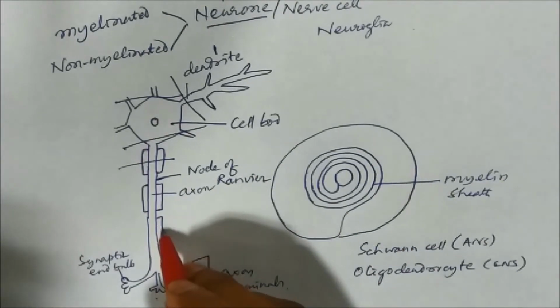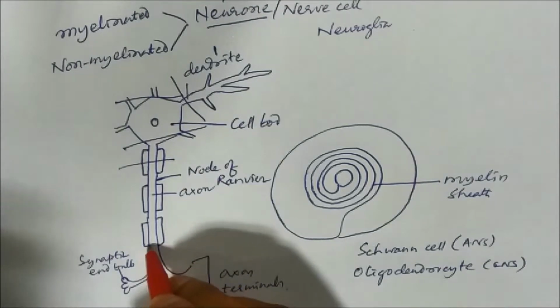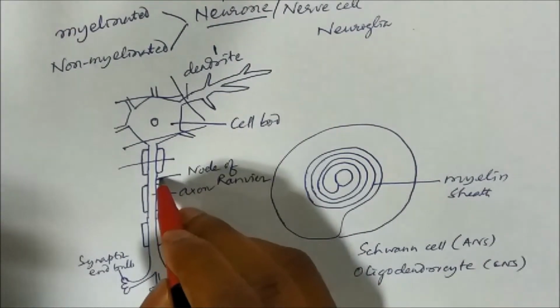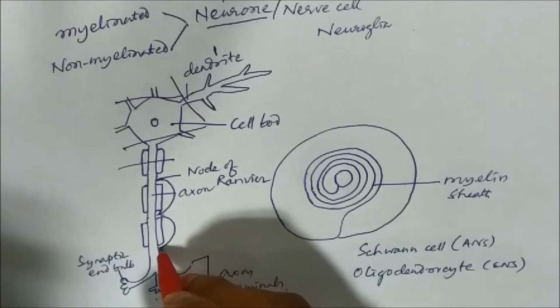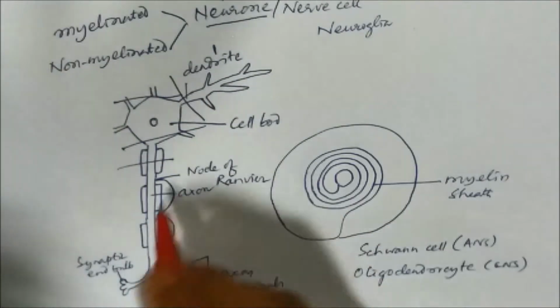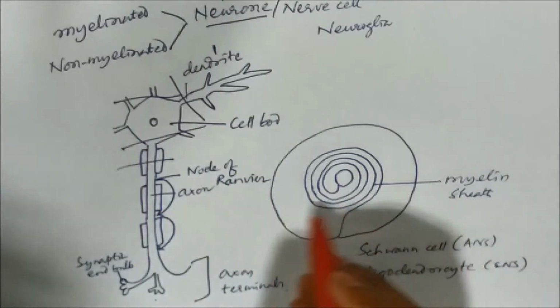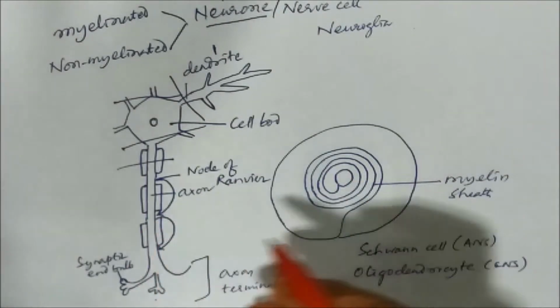This is the myelinated one, and these open spaces are called nodes of Ranvier. When the impulse goes, it jumps from one node to another node, because the myelin sheath makes it insulated.